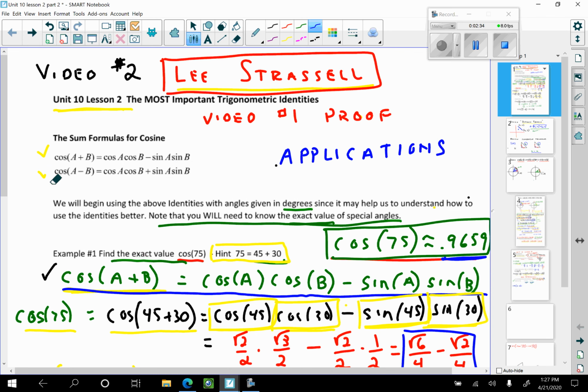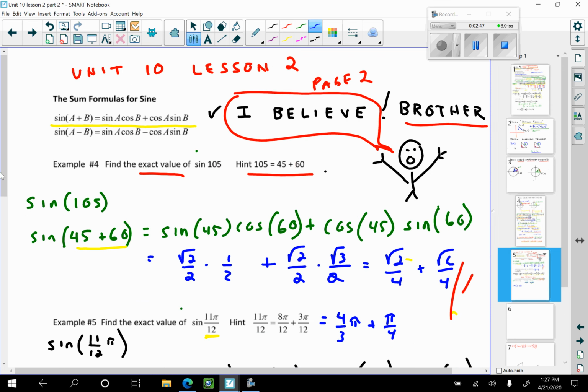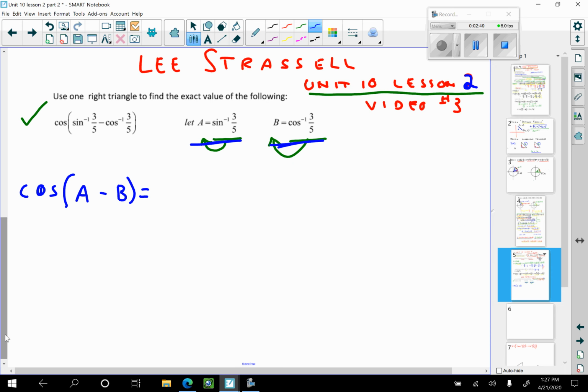The cosine of A minus B is cosine A, cosine B, plus, remember, sine A, sine B. So let's go back to this example. This is going to be cosine A, cosine B, plus sine of A, sine of B.